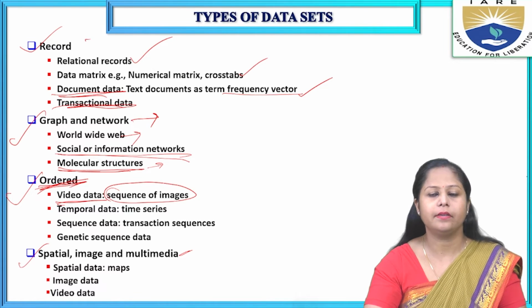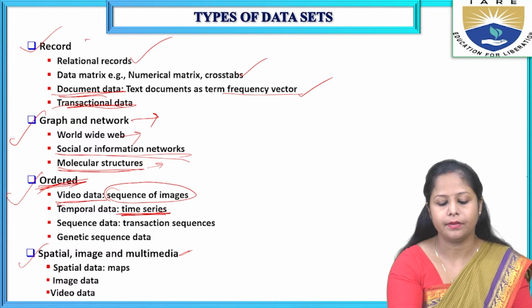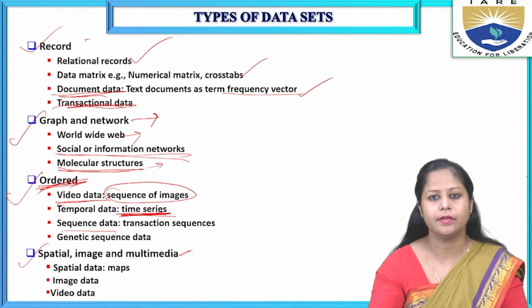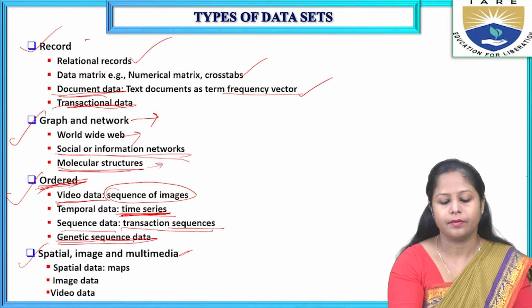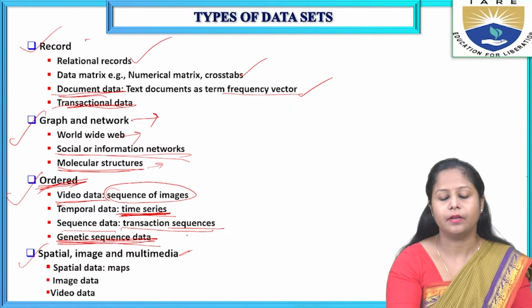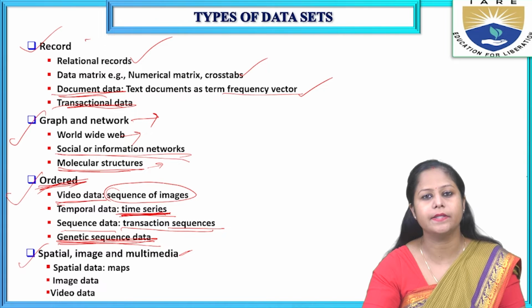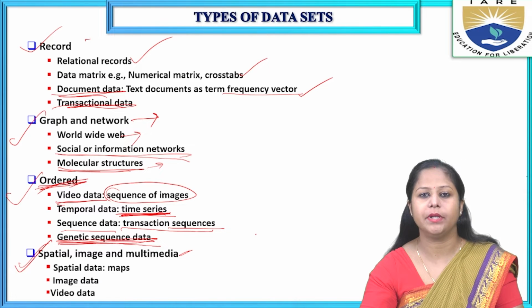What is temporal data? That is nothing but the time series data that we have already covered in the earlier slides. What is sequence data? That is nothing but transaction sequences. Genetic sequence data is related to the medical field and contains genetic data. Then spatial, image and multimedia data.